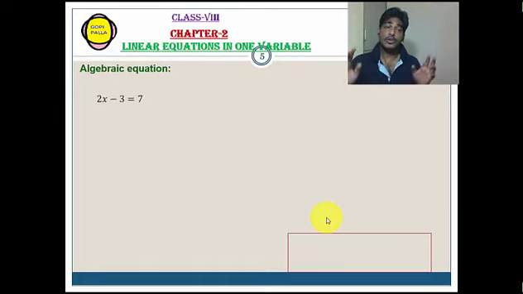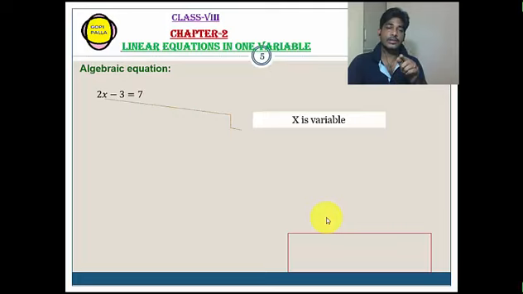So here 2x minus 3 is equal to 7, which means this is connected by an equality symbol, and these two are different algebraic expressions. So let's see what the variable is here. Here the variable is x, and as we have seen previously, x can take different types of values. It may be 0, 1, 2 to fulfill 2x minus 3 is equal to 7. x can take any value. Similarly, the equality is the symbol which indicates the equation.